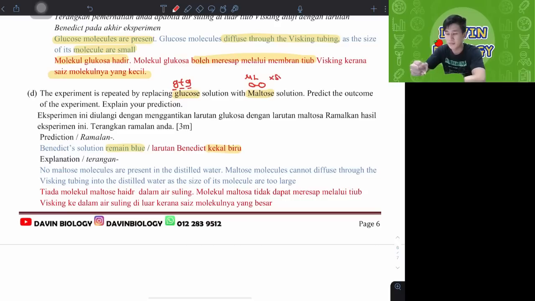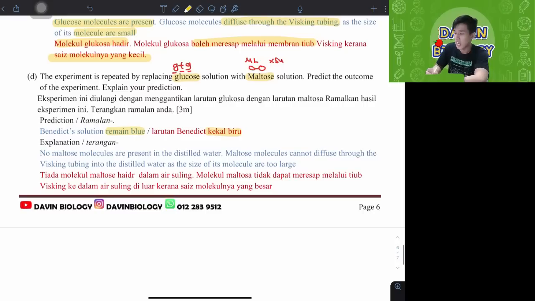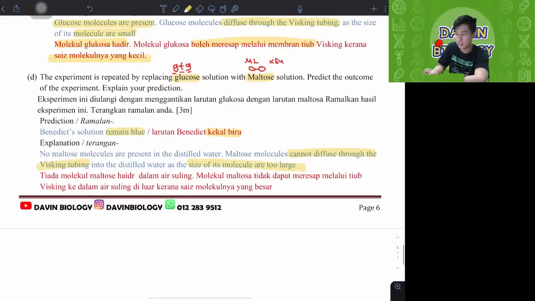Sucrose cannot. So if maltose comes out, your solution will become red precipitate. However, maltose is a disaccharide, so it cannot come out. Therefore, the distilled water that you test with your Benedict won't have any changes. It's the same as what we wrote for starch just now. They cannot diffuse through the Visking tube because molecules are large. Tidak dapat meresap melalui tube Visking kerana saiz molekulnya terlalu besar.